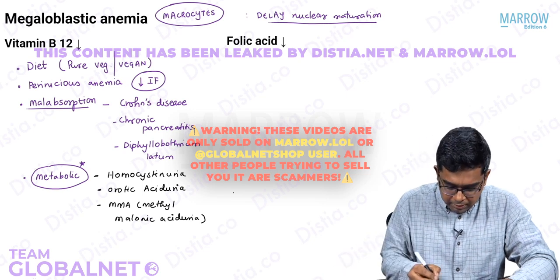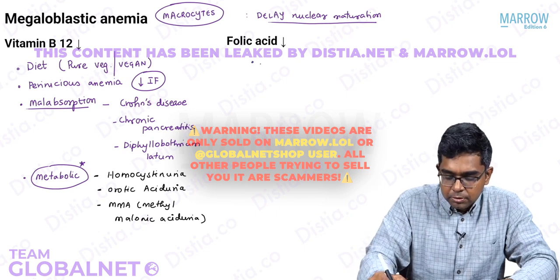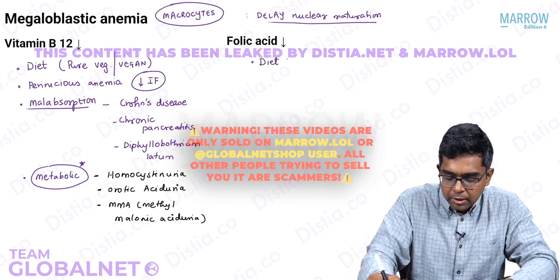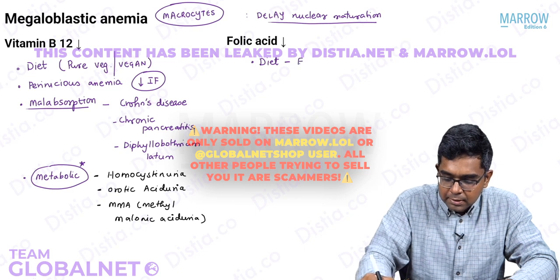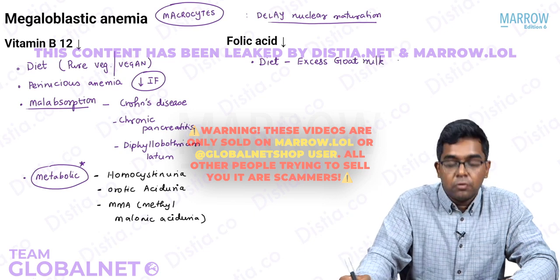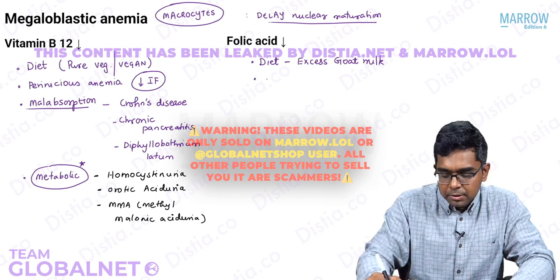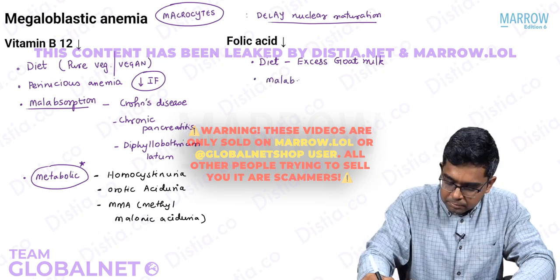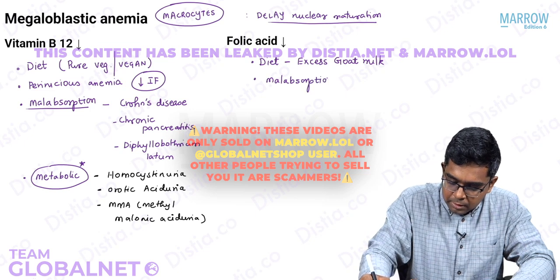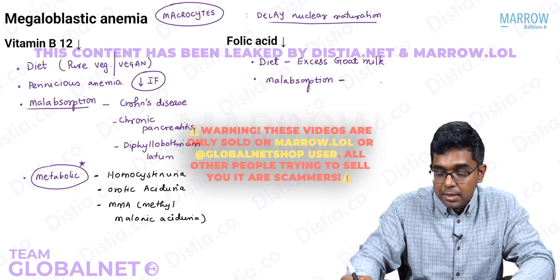Moving on to the other category, that is folic acid deficiency. It is also related to dietary factors. An important dietary factor here is excess consumption of goat milk, which is found to predispose to folic acid deficiency. It can also be associated with malabsorption conditions as well. And in this, an important parasitic infestation predisposes. What is that?